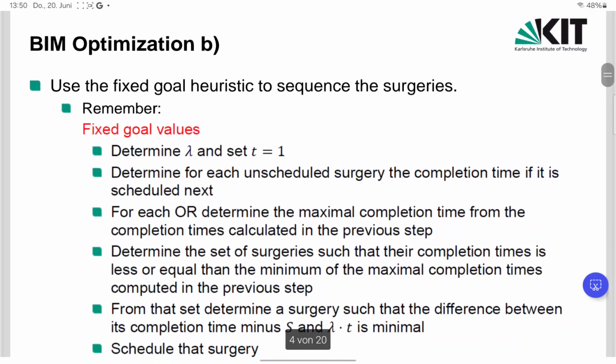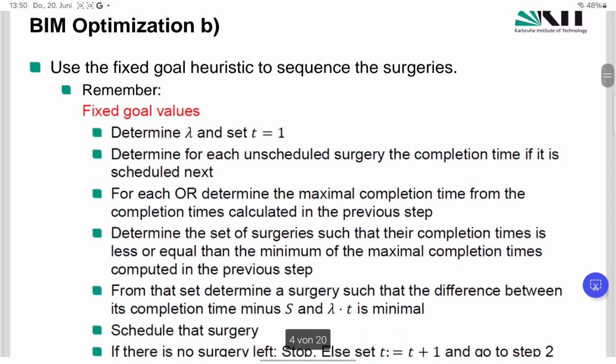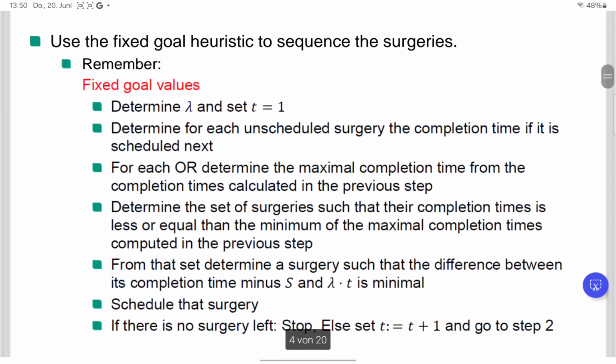Let's start with the second one. Use the fixed goal heuristic to sequence these surgeries so that we are as close as possible to this lower bound. We went through this heuristic in the lecture, so let's apply that.